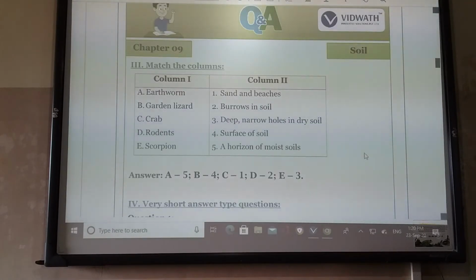As given here, the earthworm lives in the A horizon, the more moist soil. The garden lizard lives on the surface of the soil.